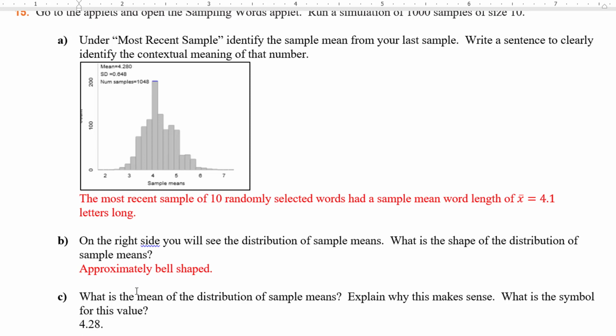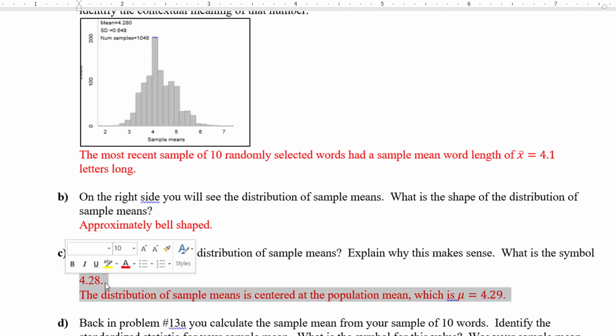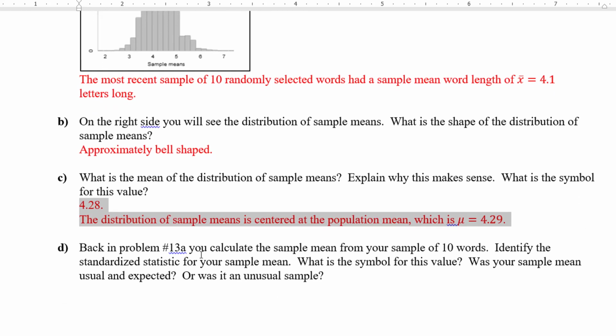That makes sense because we know that our distribution of sample means should be centered at the population mean. And remember, the population mean is 4.29. So it's 4.28 instead of 4.29, and that's because it's a simulation, and so it's not going to be perfect, but it's pretty close.